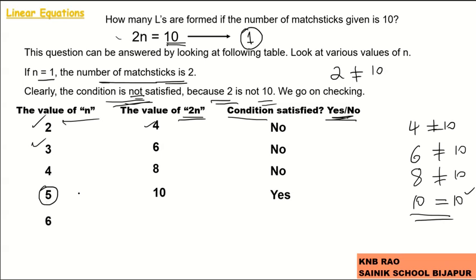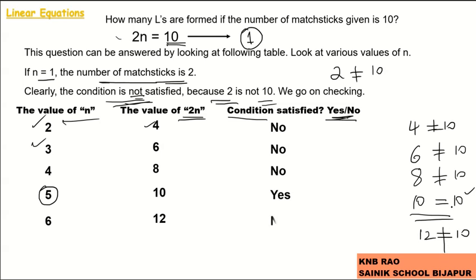Now, is it satisfied for some other values of n? Let us check. Further, taking n as 6, then 2n is 12. Is 12 equal to 10 or not equal to 10? It is not equal to 10.